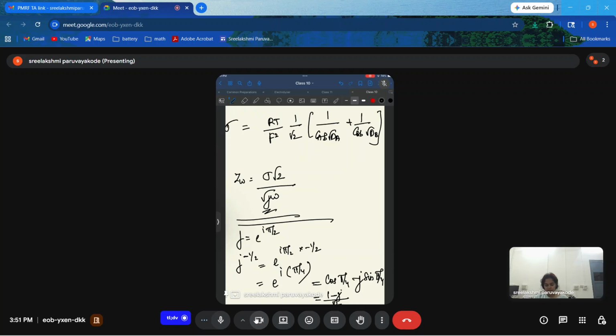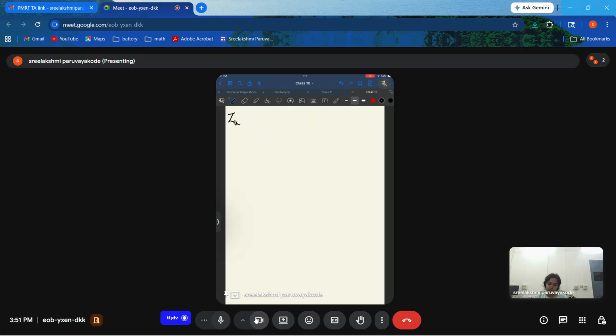Sin pi by 4 is also 1 by root 2. So you'll get 1 minus j, root 2 the whole by 2. Substitute this particular value back in this one. What do you get? Sigma root 2 by root omega, and this is the same as writing J to the power minus 1 by 2, and we have found out the value before.